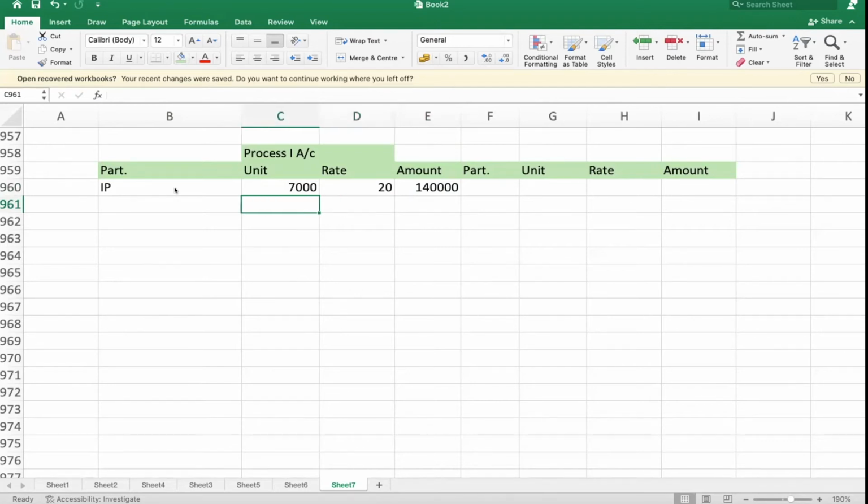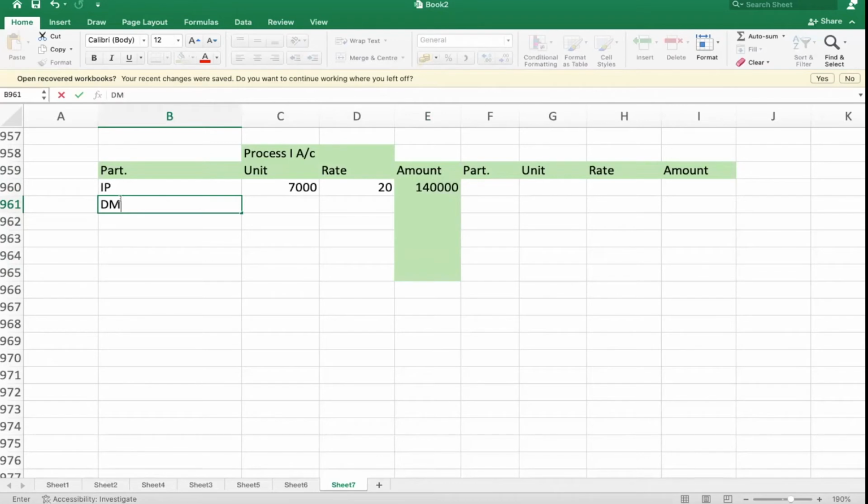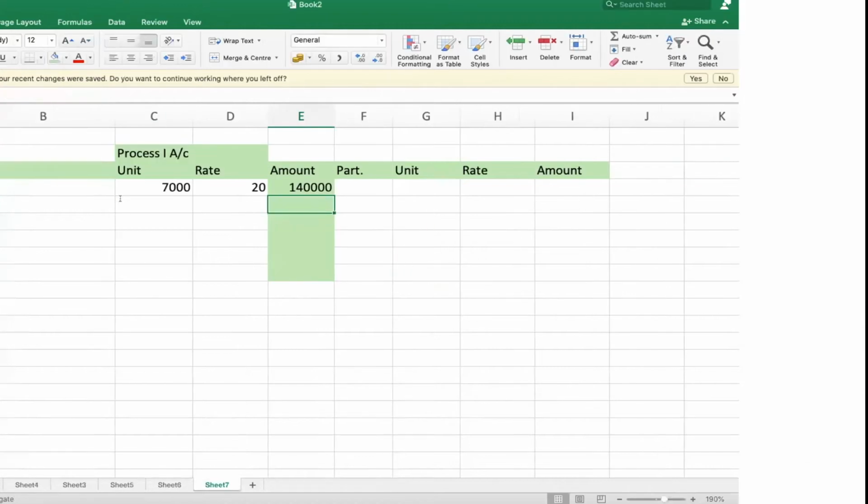Now, all the expenses you have to debit to the process account. Refer to what all the expenses are there. Any other materials? Direct material is there. How much? 62,000 direct material.